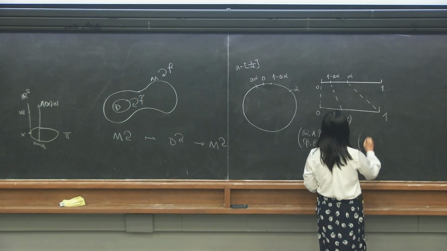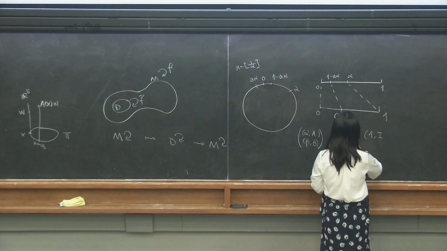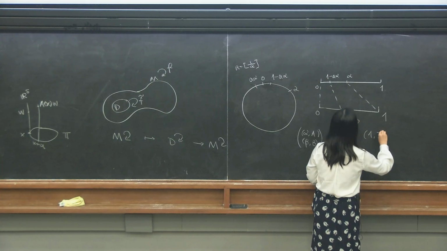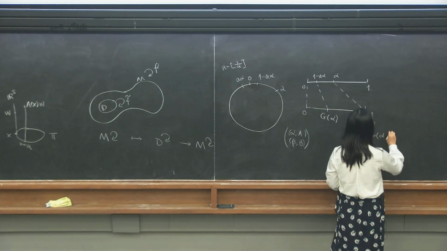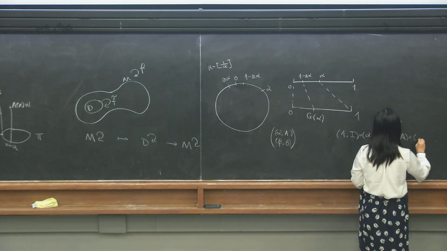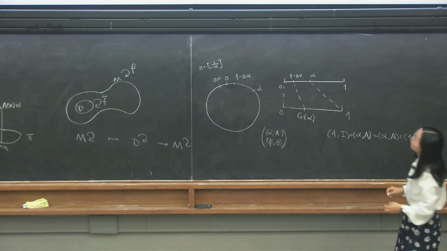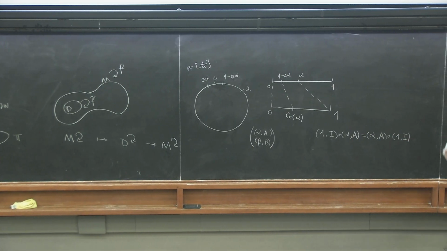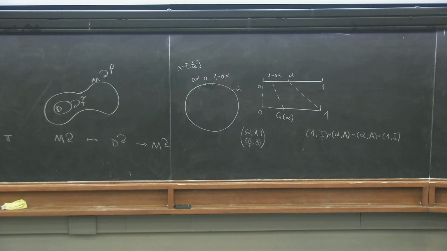In that case, a cocycle is one-periodic if and only if it commutes with (1, identity). So that's the reason why we start with (1, identity), (alpha, A). So that guarantees the one-periodicity of A.